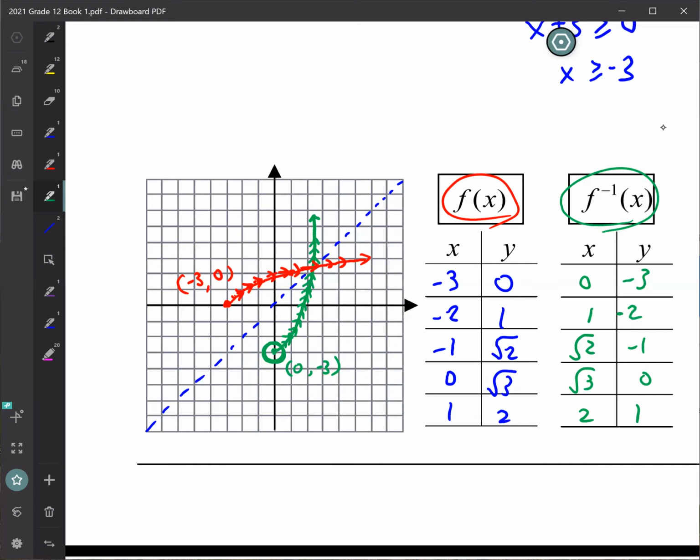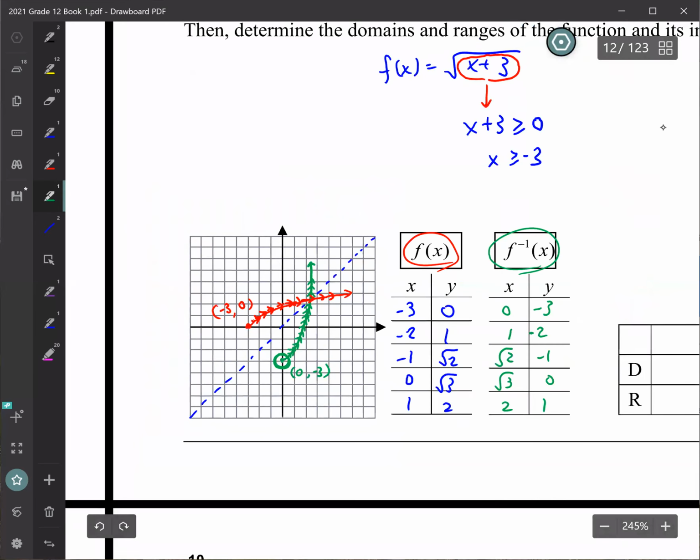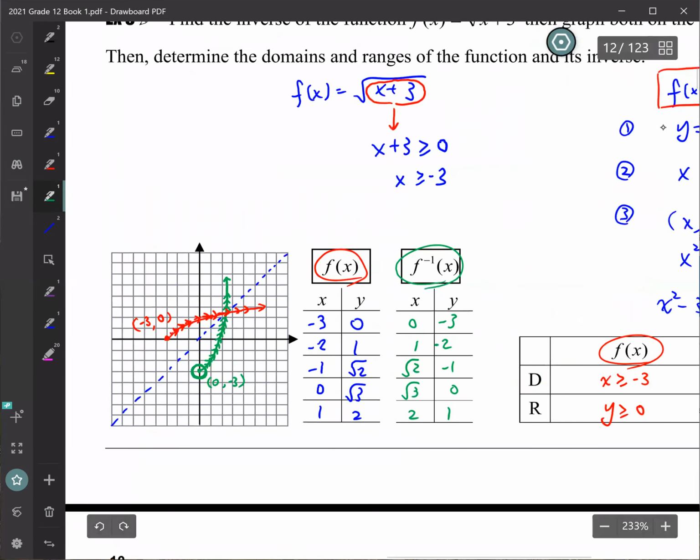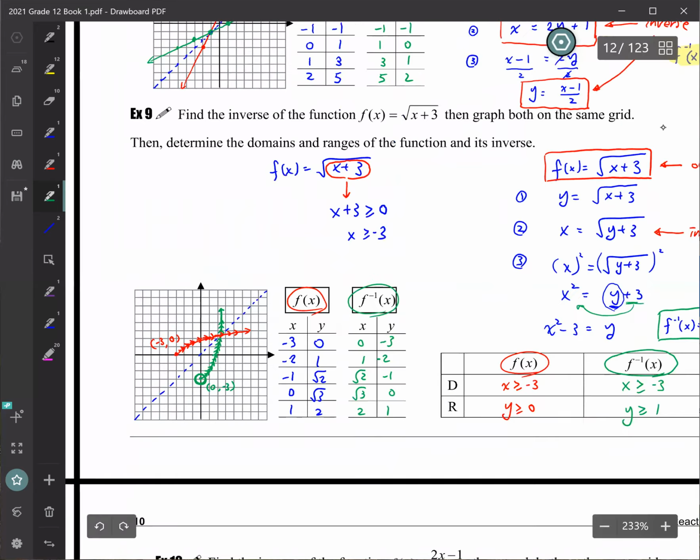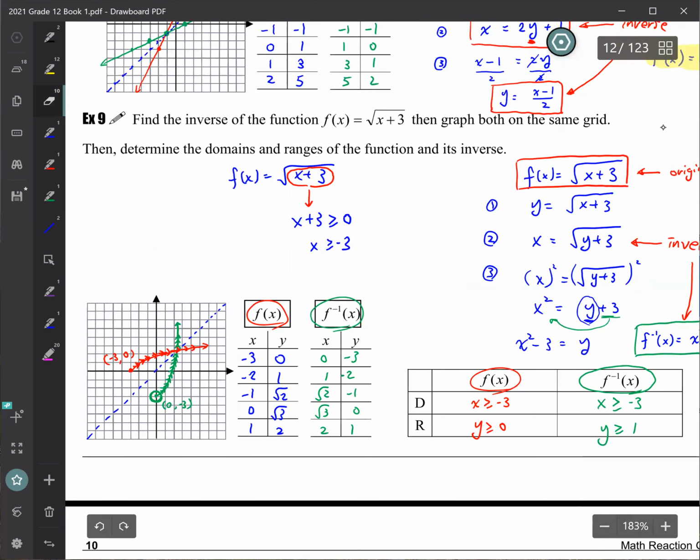So if it's moving towards the right, is it getting bigger or smaller? Bigger. Getting bigger, very good. Okay, so that's your domain. Domain is describing the x. So x is getting bigger and bigger than 0. So domain should be greater or equal to 0. Understand? Yeah. Okay, now what about the range?